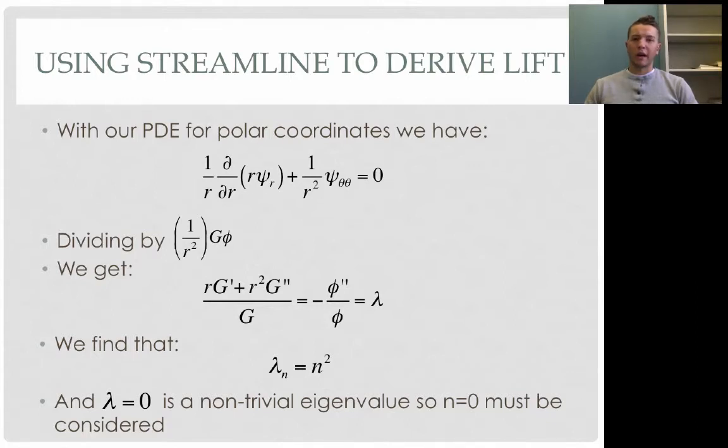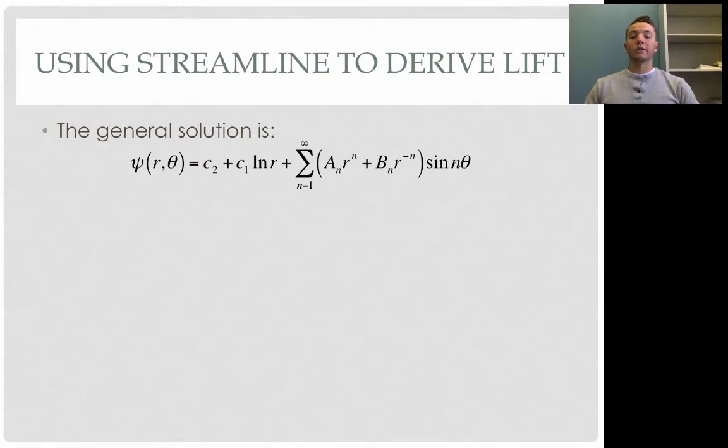The reason we index by n is because our solution to this PDE is going to be some summation. So the general solution is psi of r theta is equal to c2 plus c1 natural log of r plus the summation from n equals 1 to infinity of an r to the n plus bn r to the negative n, and that whole quantity multiplied by the sine of n theta.